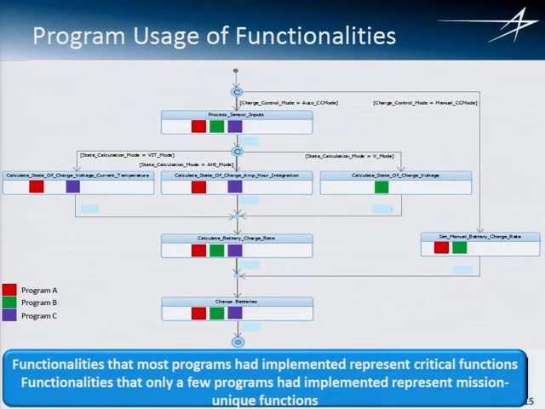On the far right, there's also an option to set manual mode, which allows ground to control which charge rate to use. You see a lot of commonality in a function. That probably means it's a critical function that all battery charging should have. But if you only see a few baselines that have that function, that might mean it is more program-specific functionality.